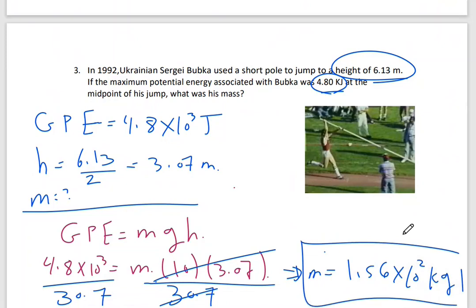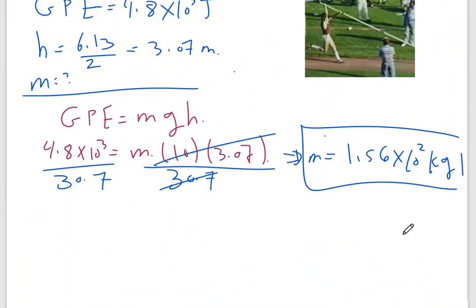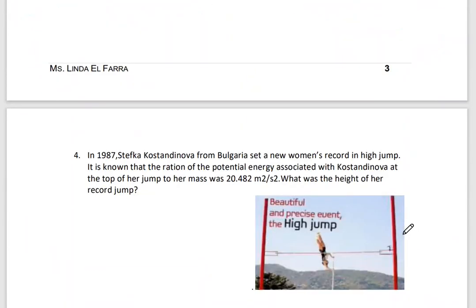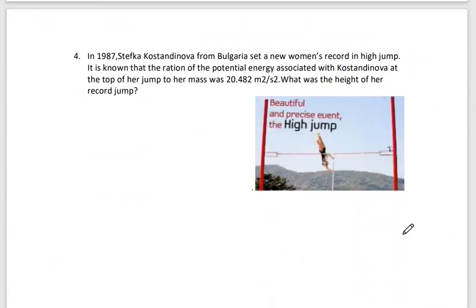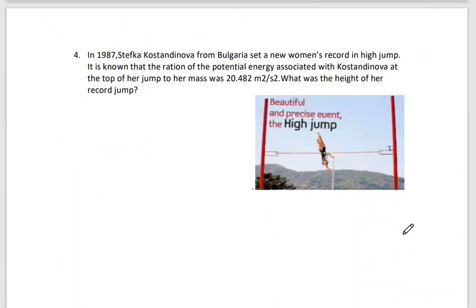The last question, question number 3 and question number 4. Okay. In 1987, Stefka from Bulgaria set a new woman's record in the high jump.